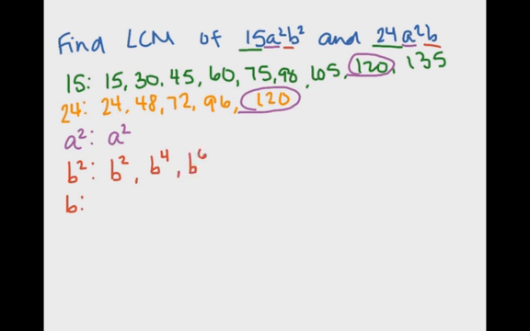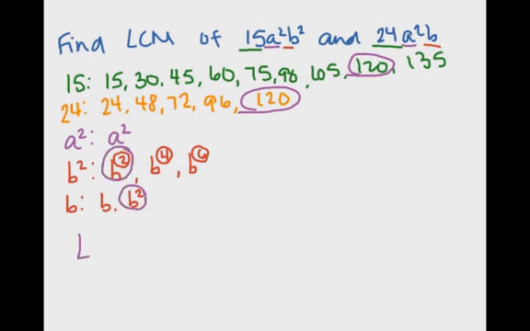Alright, so we're just adding our exponent here. See how we're changing our exponent? So that's how we find our multiples of our expression, or our variables. So then b would be b squared, and we can actually stop there because we see a b squared here and a b squared there.